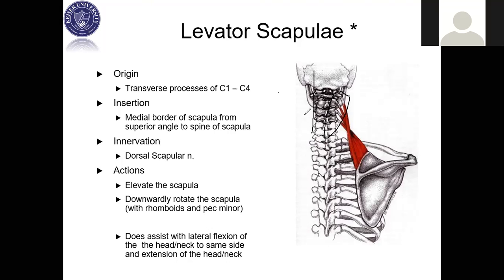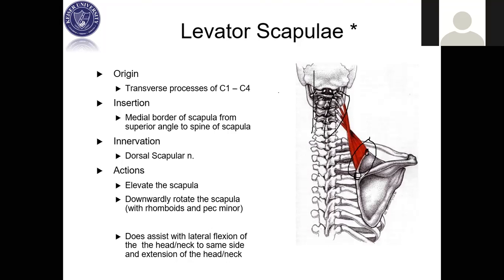So the origin of levator scapula is the transverse processes of C1 through C4. It inserts into the medial border of the scapula from the superior angle to the spine of the scapula.